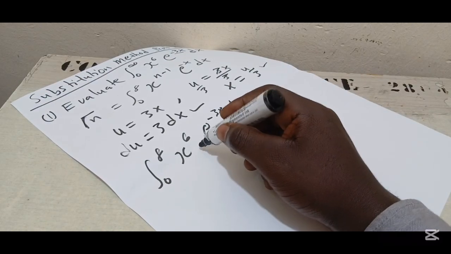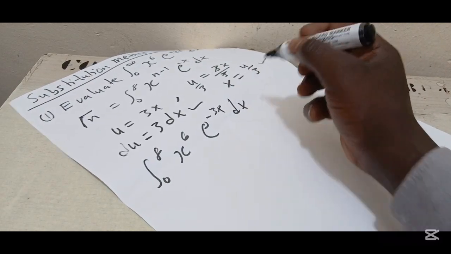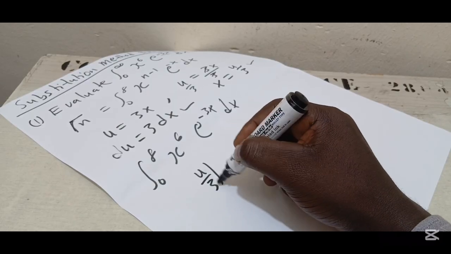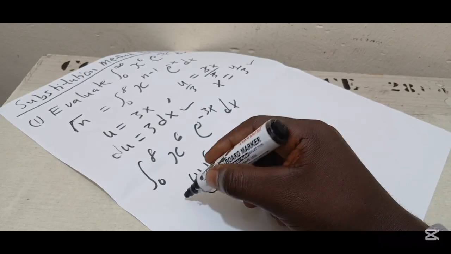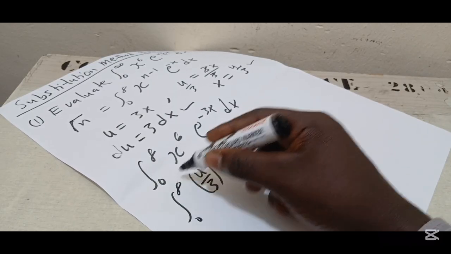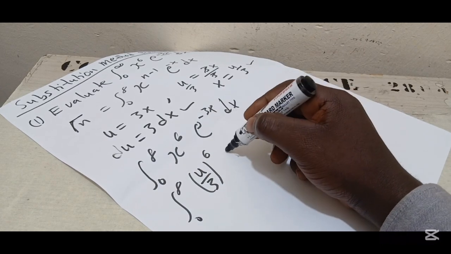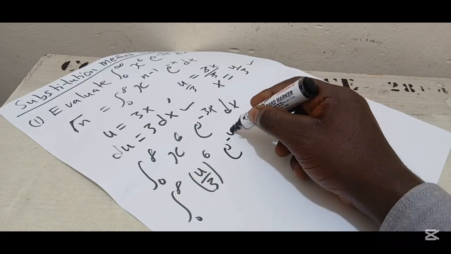We know our x to be u on 3, so this is going to be u on 3 all to the power 6. And our 3x to be u, so e to the power minus u.